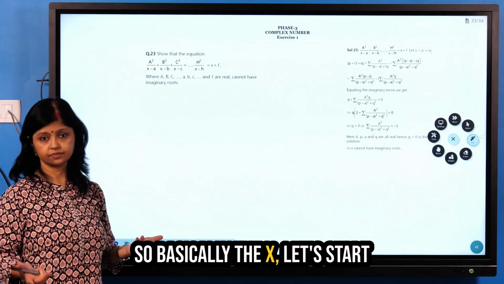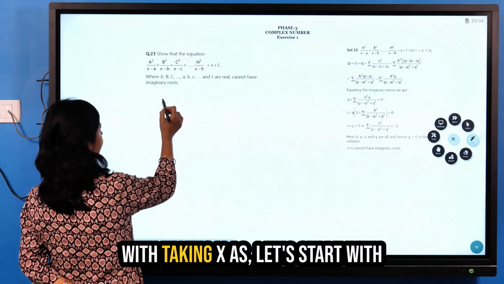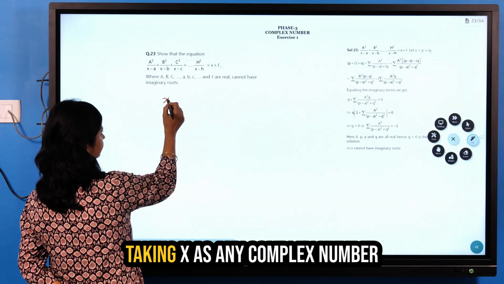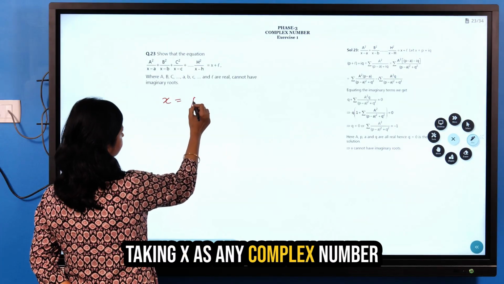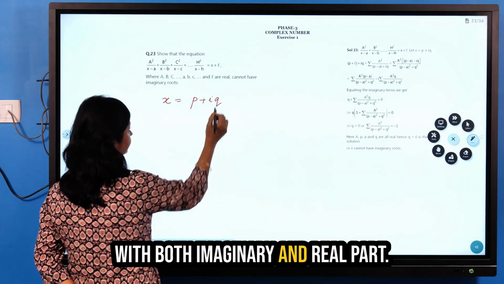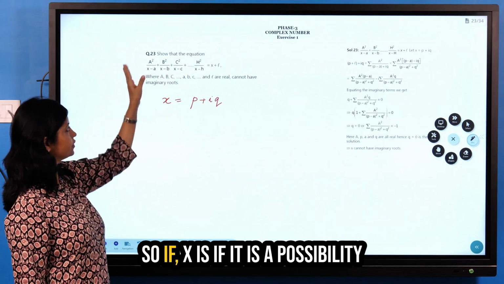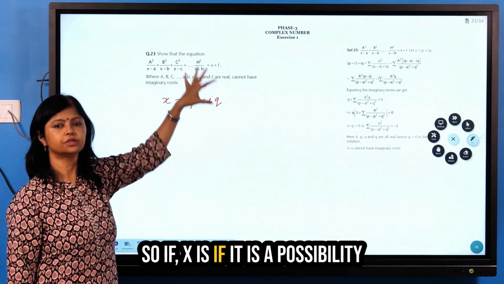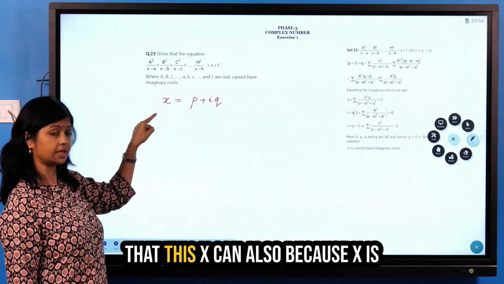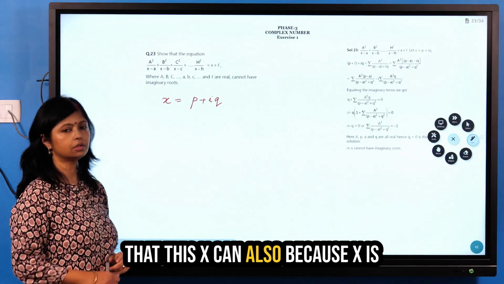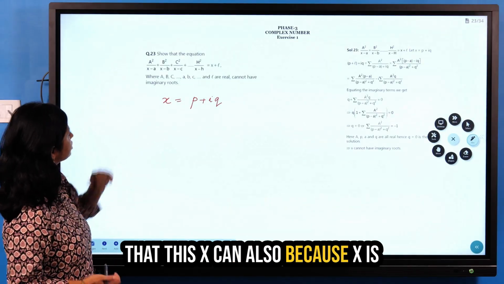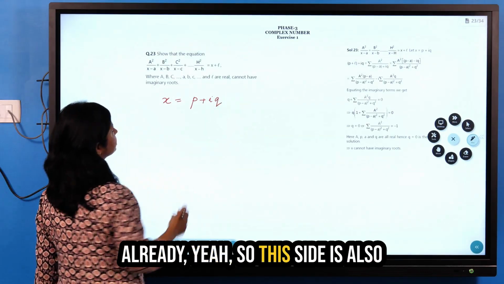So let's start with taking x as any complex number with both imaginary and real part. This side is also x.